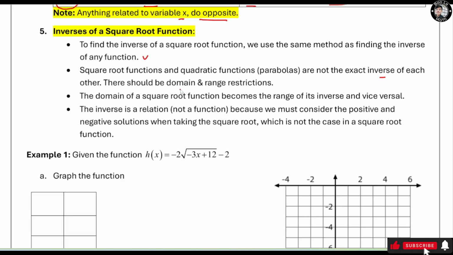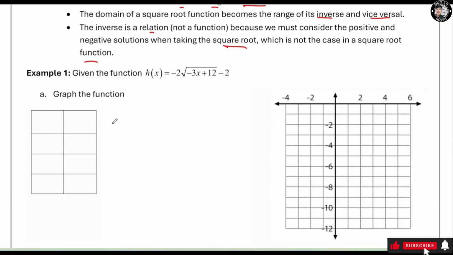There should be domain and range restrictions, so keep that in mind. The domain of a square root function becomes the range of its inverse and vice versa. The inverse of a relation is not a function, because we must consider the positive and negative solution when taking the square root, which is not the case in a square root function.